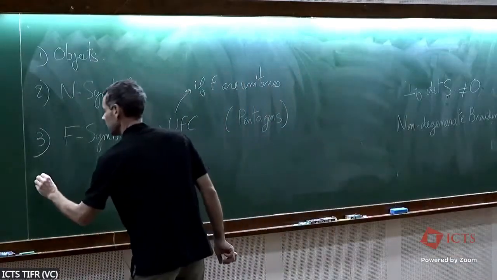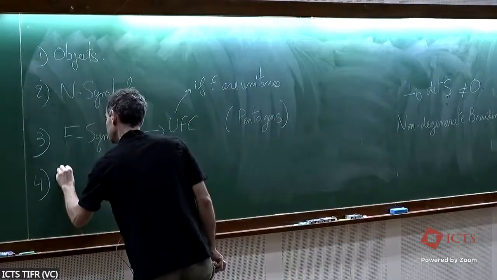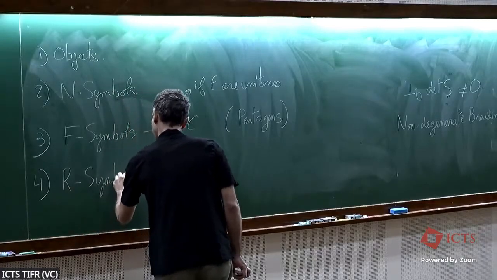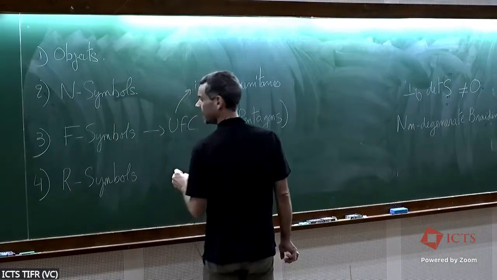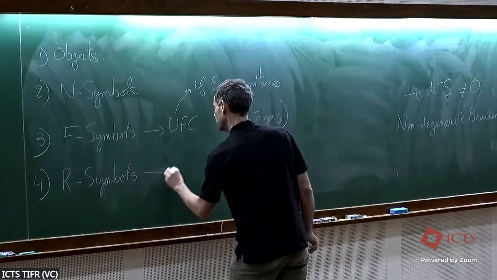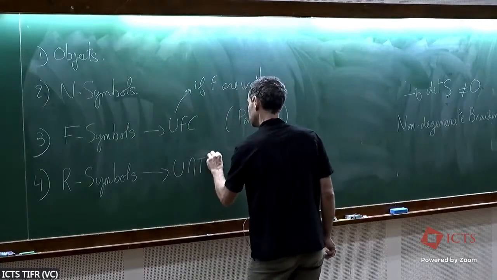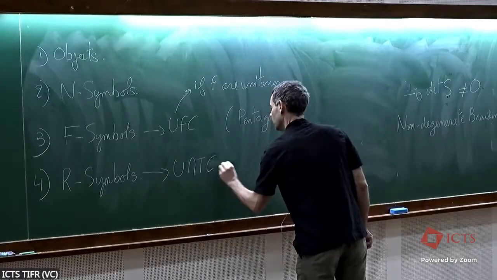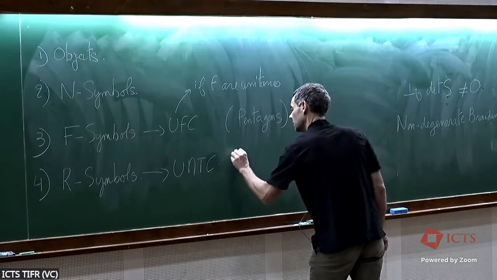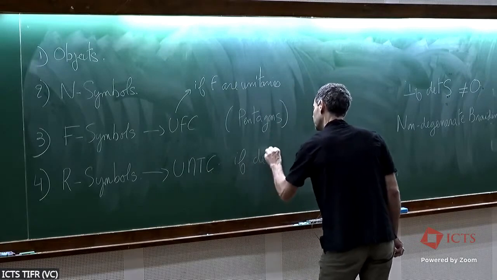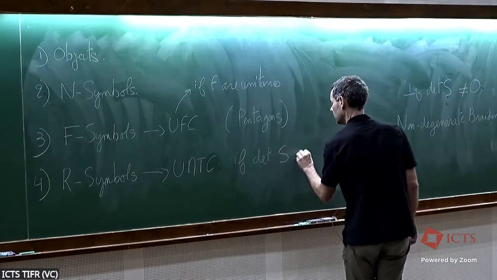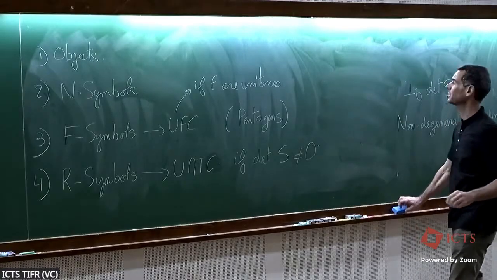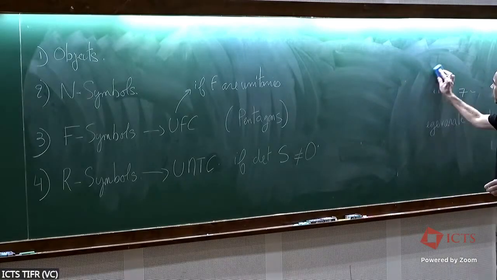And we have seen that if we want braiding, we need the R symbols. And it gives a UMTC if we have this non-degenerate braiding, which means that the determinant of the S matrix is different from 0. Okay, so that's basically the summary of these 2 lectures.